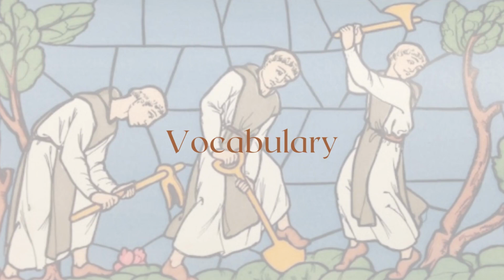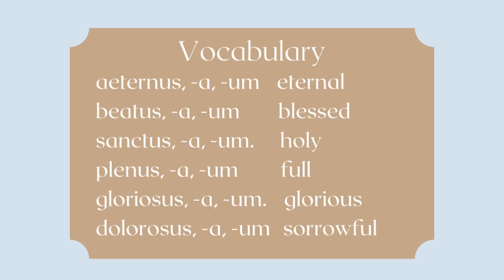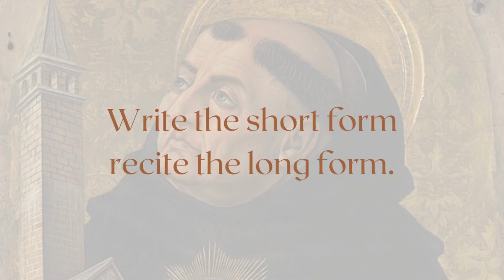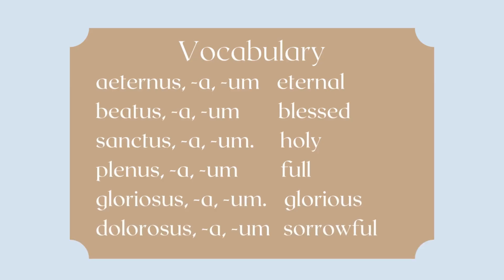Vocabulary now, and there are 6 adjectives of the first group that we've been talking about, the group with masculine, feminine and neuter forms, and they're all given in the shorthand form, and you'll need to write the short version and recite the long version. Eternus, eterna, eternum, eternal.